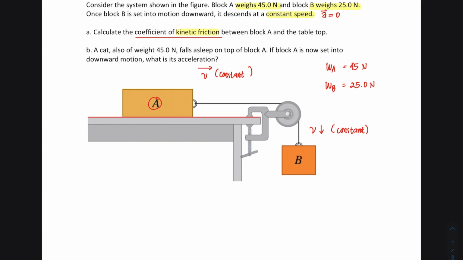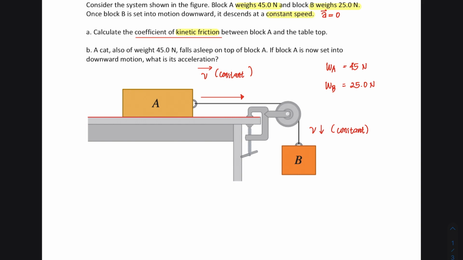But since object A slides over or moves towards the right at a constant velocity, it is appropriate to understand that the friction existing is kinetic rather than static friction. That's why you are asked about the kinetic friction in that case.